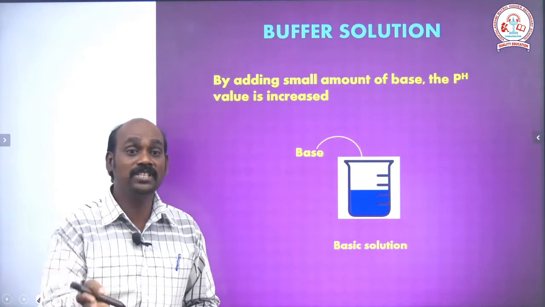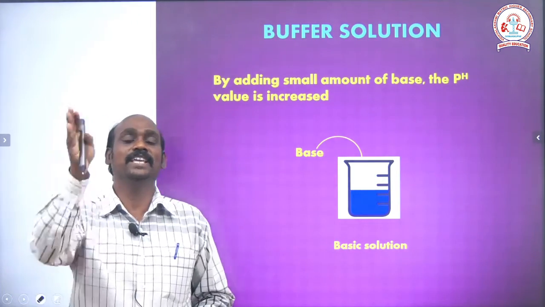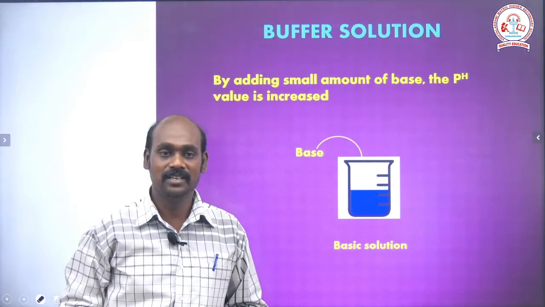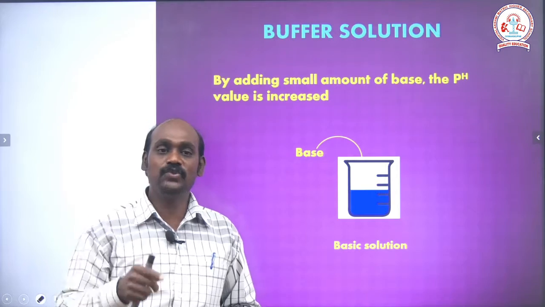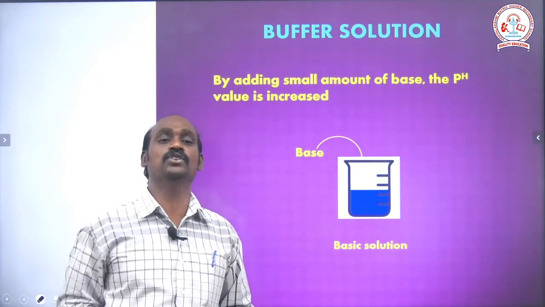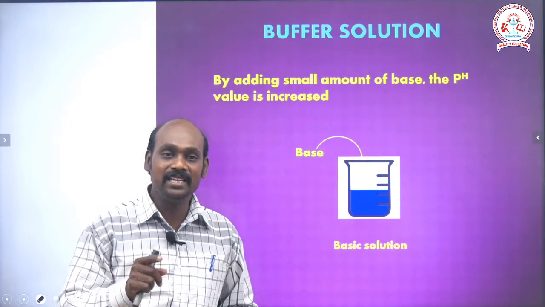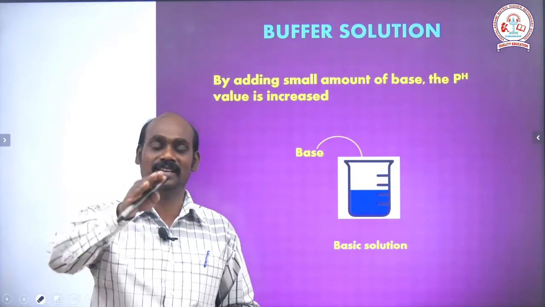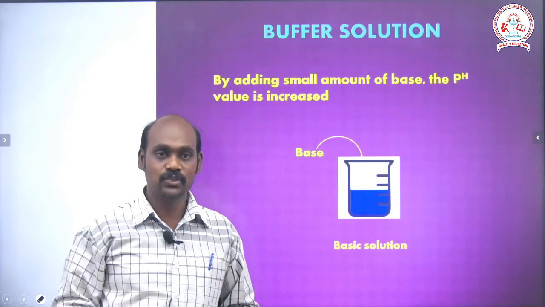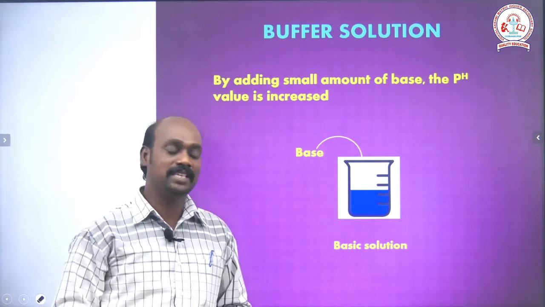The pH value increases, going above 7. Clear? By adding acid to the water, the pH value decreases below 7. By adding base to the water, the pH value increases above 7, which indicates the solution is basic in nature.